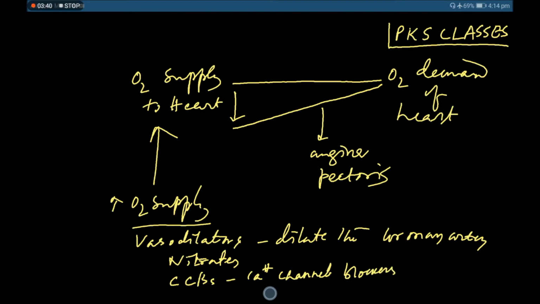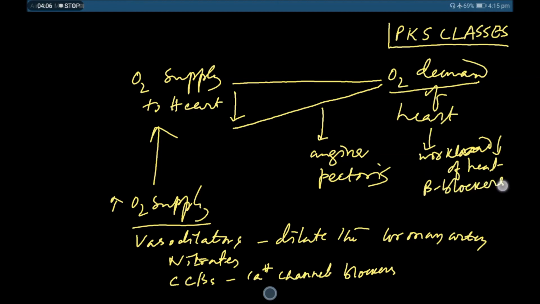Or we can decrease the workload of the heart. When the workload of the heart decreases, the oxygen demand will decrease, and we can use drugs like beta blockers, calcium channel blockers also, and even nitrates also.